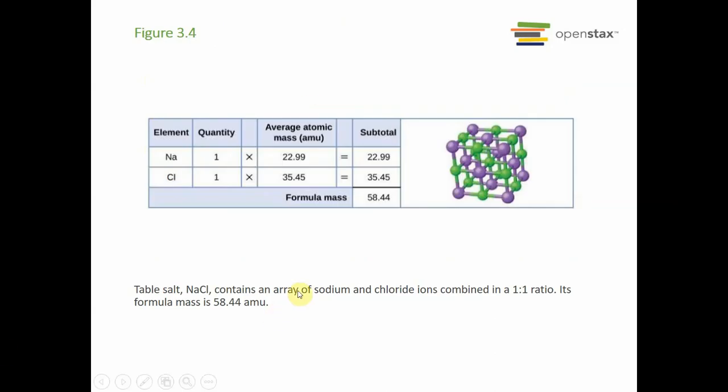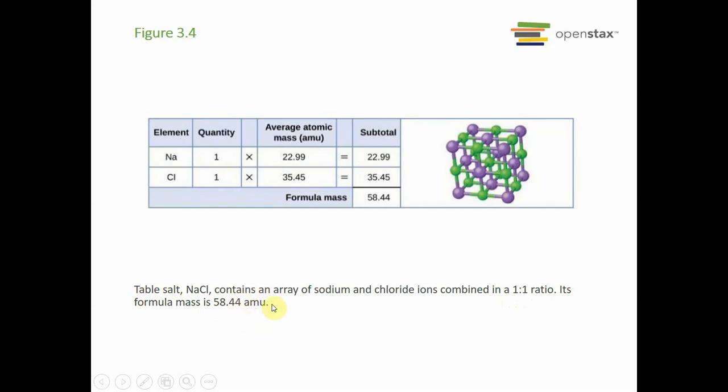So table salt contains an array of sodium and chlorine ions in a 1-to-1 ratio. So 1-to-1 is the formula for salt, that is 1 sodium and 1 chlorine, hence formula mass. And the formula mass is 58.44.